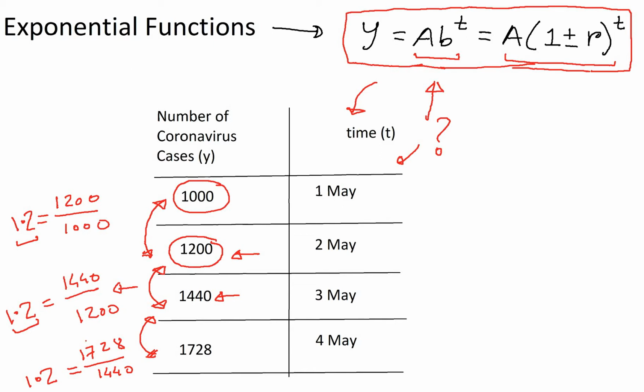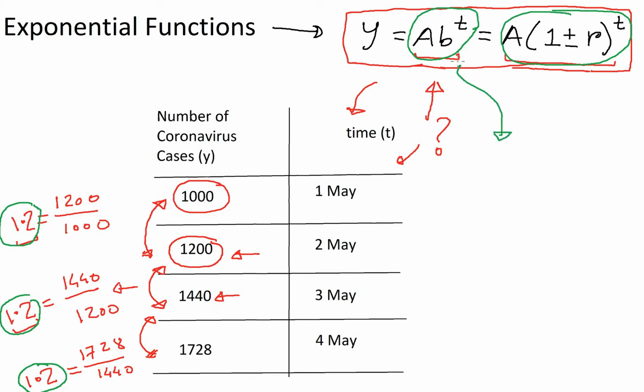Since the factor is the same throughout the data set, on this data set we can apply the exponential function a b to the power t. If the factor remains constant, then you can apply this format or this format. But as we said, it's easier to apply this format.